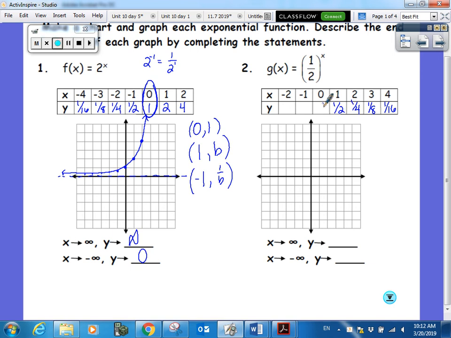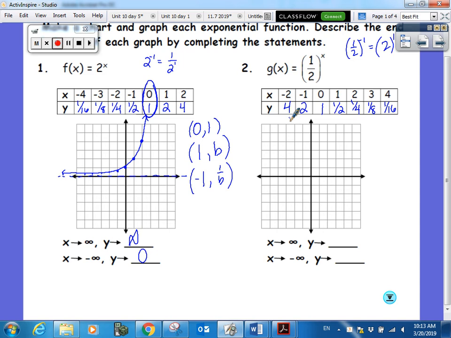Anything to the 0 is 1. If we plug in negative 1, 1/2 to the negative 1, going back to our exponent rules, it's just 2. To the negative 2 is 4. So you can use your exponent rules if you need to.